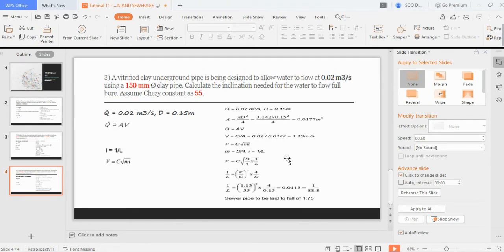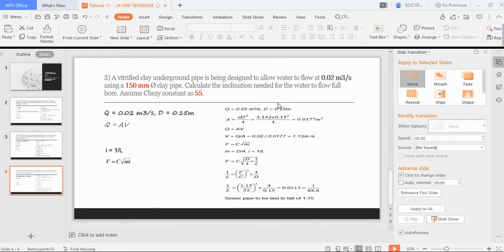For question 3, you're given that Q is 0.02 meter cube per second, using a diameter of 150 mm. The question is asking you to find the inclination for a full bore, given that your C is 55. So you know that your Q is 0.02 and your D is 0.15.